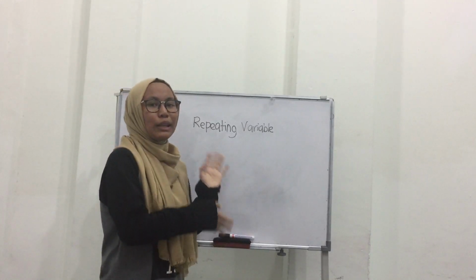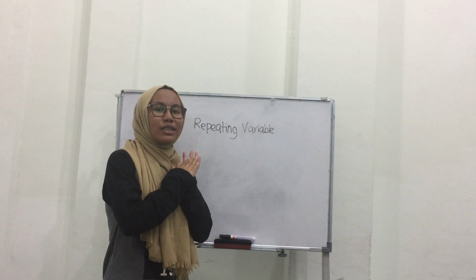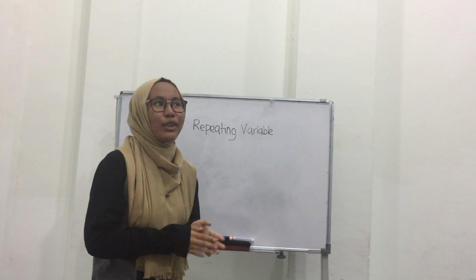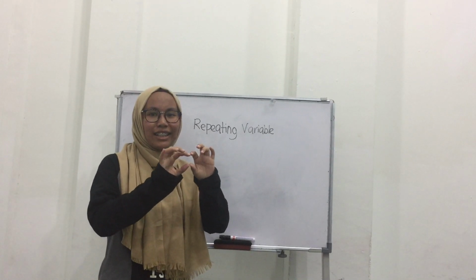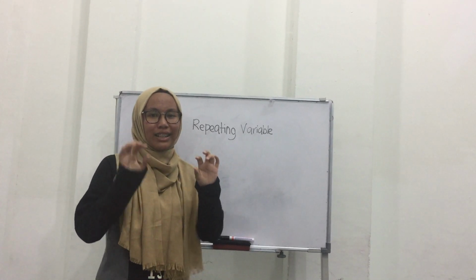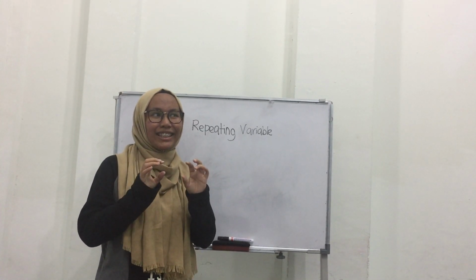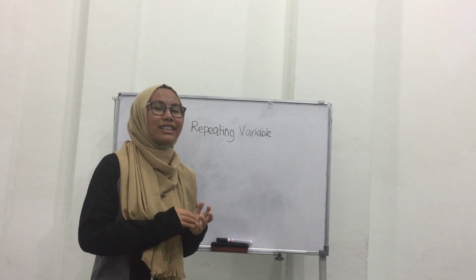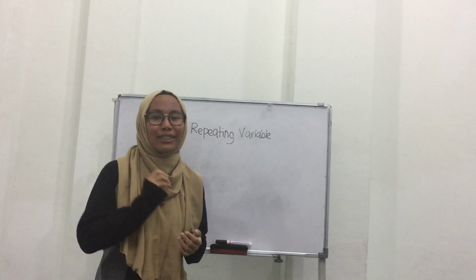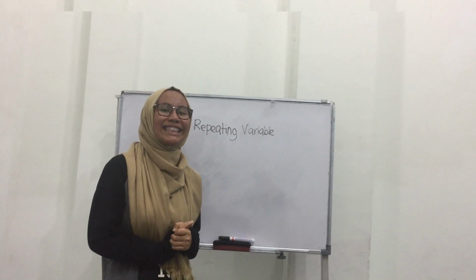For this topic, we can see from the Reynolds number. The Reynolds number cannot be arranged in its units because it will be zero at the end. So actually the Reynolds number is the repeating variable. So that's all from me.